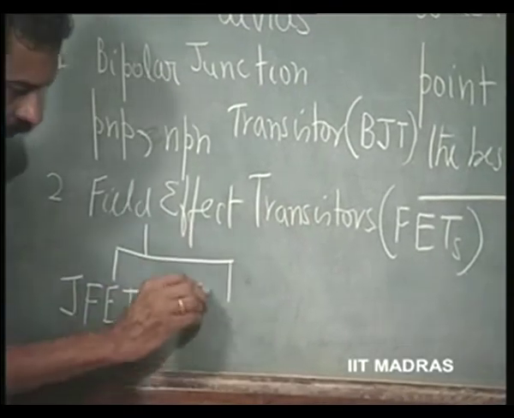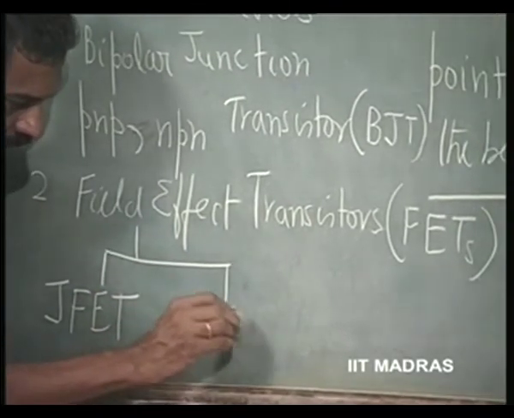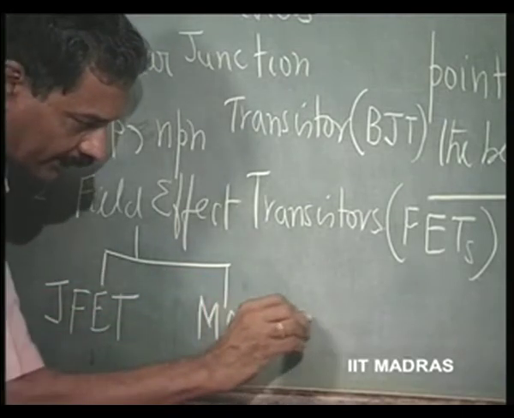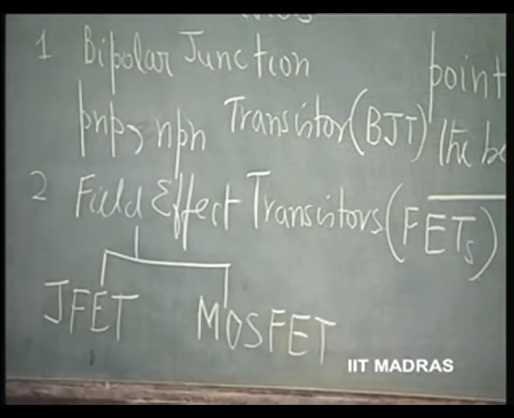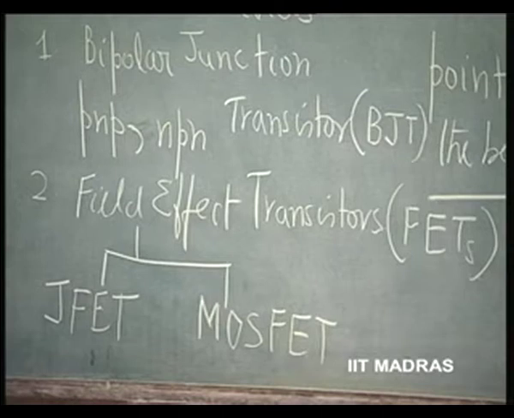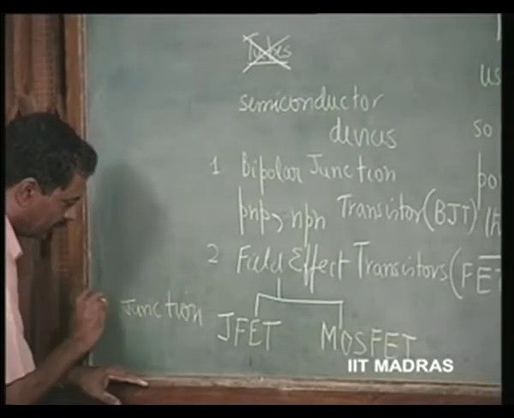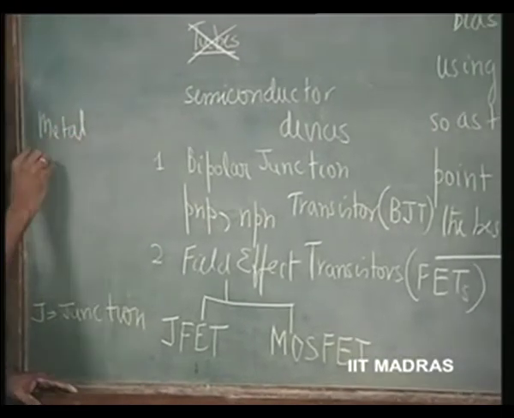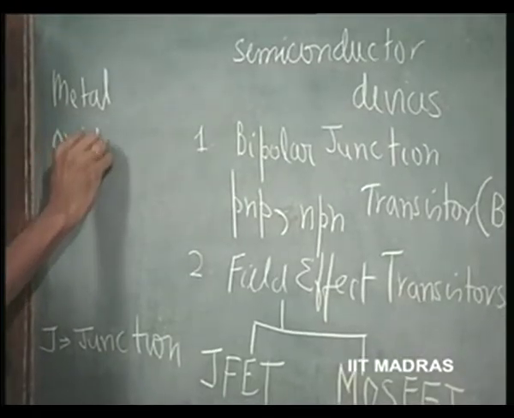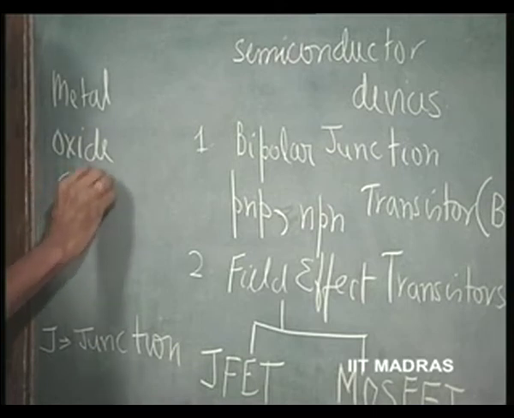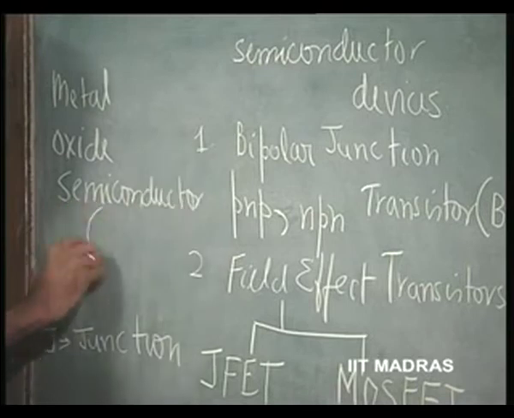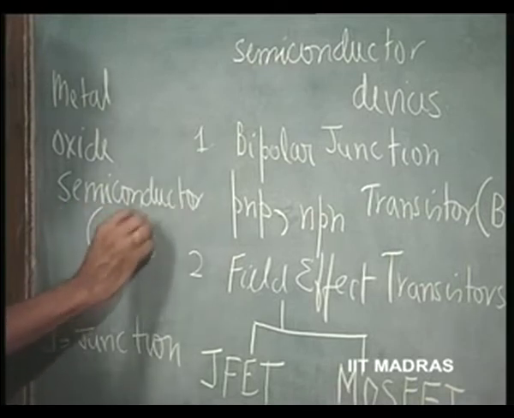The other one is called metal oxide semiconductor field effect transistor. So, J means junction, and metal oxide semiconductor, which is called MOSFET.